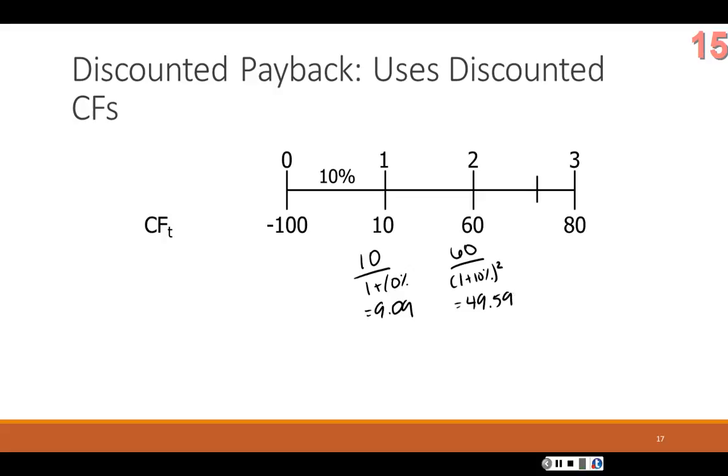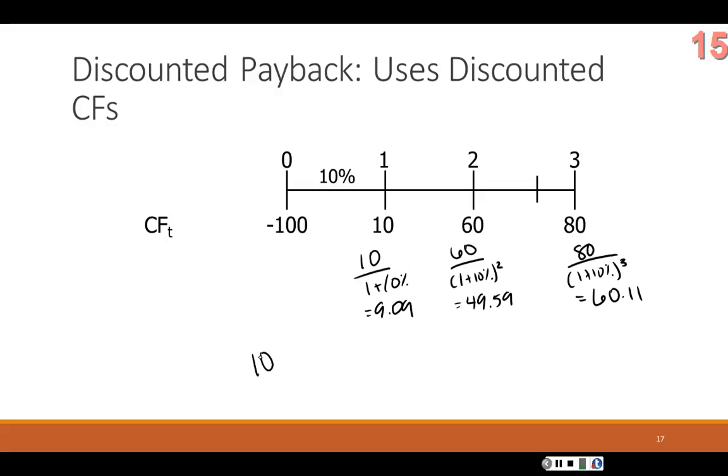The present value of $80, 80 divided by 1 plus 10% cubed, is $60.11. So you can use the present value of these cash flows in your payback period analysis.